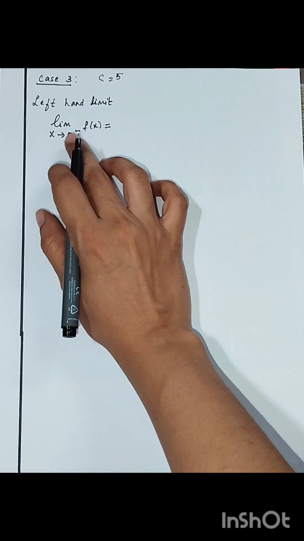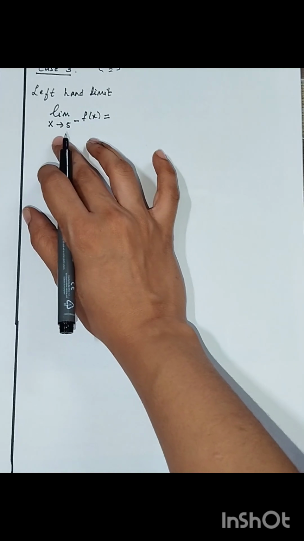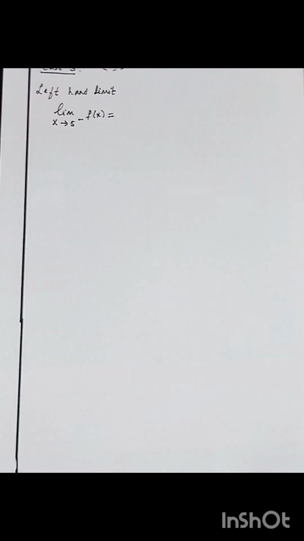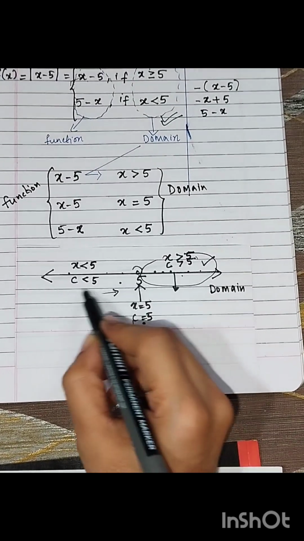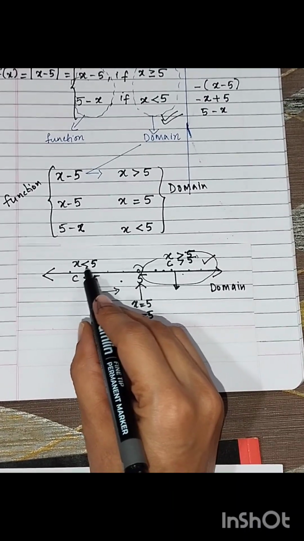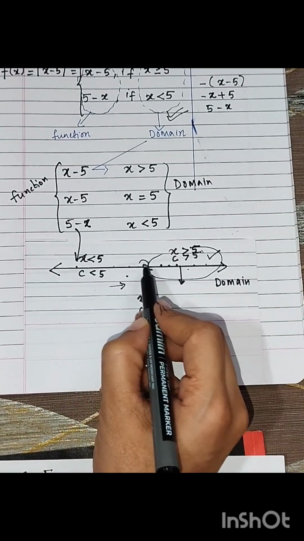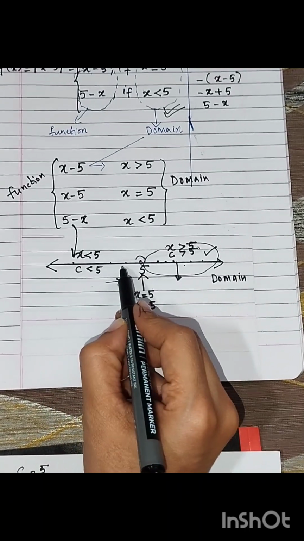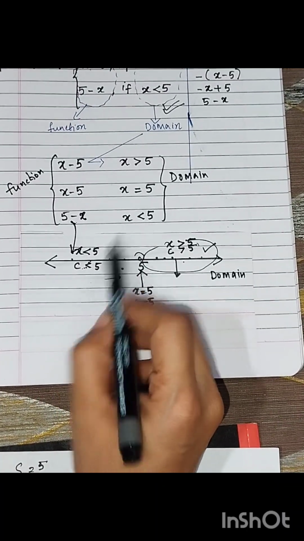x approaches 5 minus means approaching 5 from the left side. So which function do you have to take? If you are approaching from the left side, you have to consider x less than 5. That is, you have to consider this function here, because here x is less than 5.